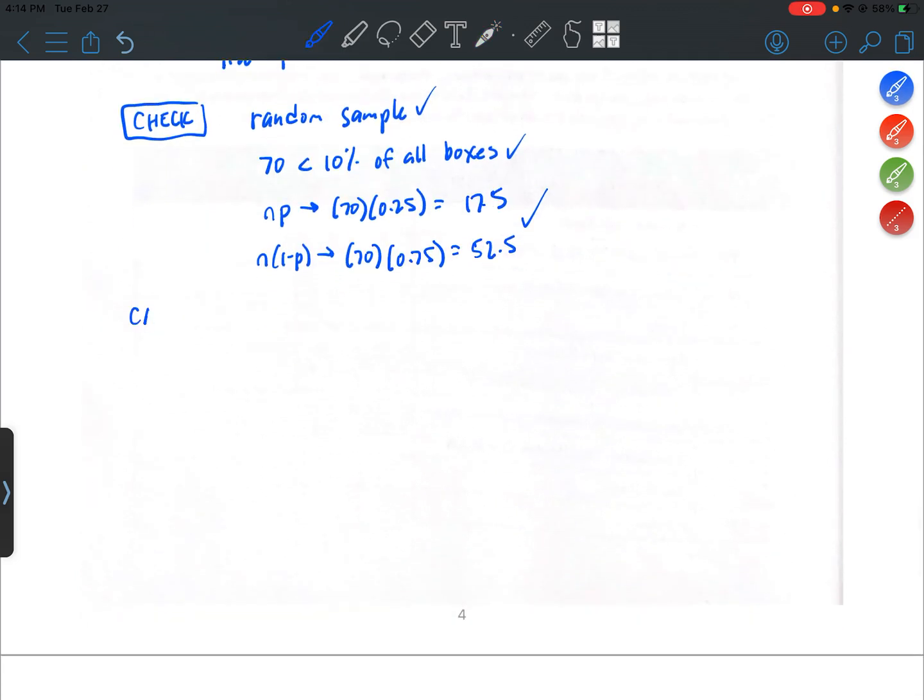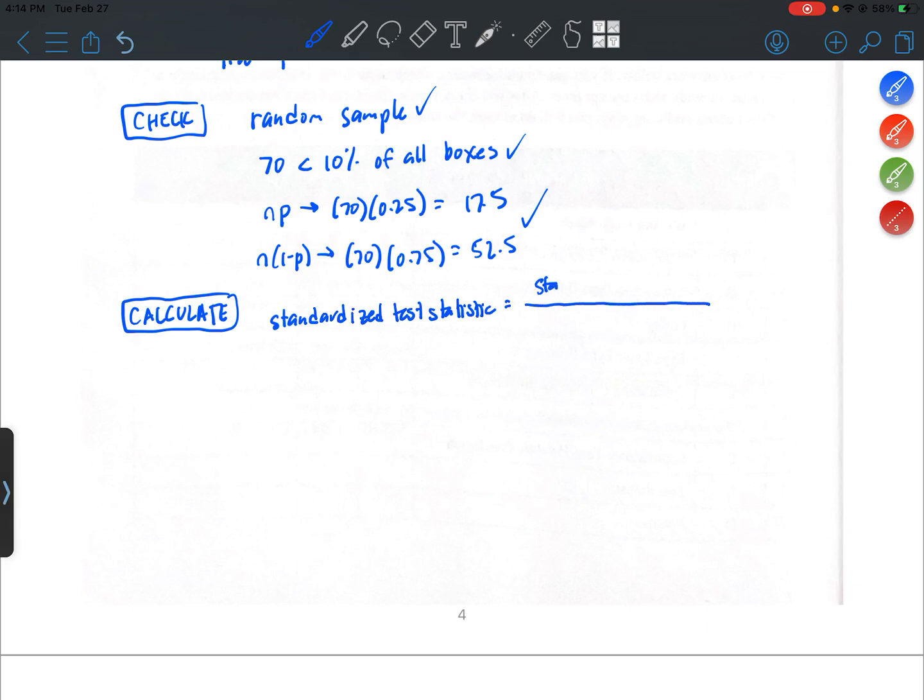Speaking of calculations, that's the next step. We begin with the general formula. We're going to be calculating a standardized test statistic, which is defined as a statistic minus a parameter divided by an SD.